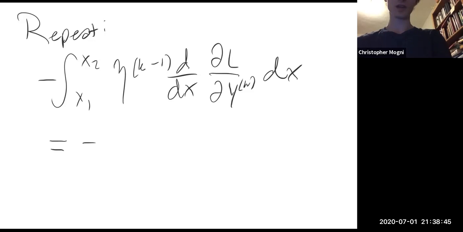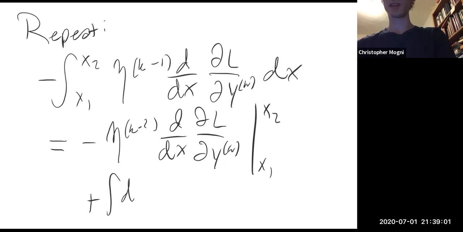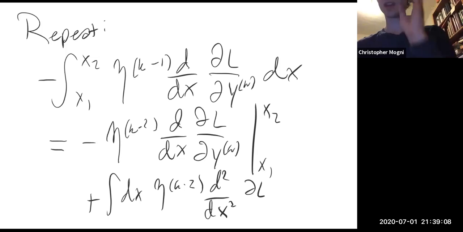So we're going to get eta^(k-2) times d/dx, because that's what shows up in the integrand, of partial L, partial y_k, from x1 to x2, plus the integral dx of eta^(k-2) times d squared dx squared of partial L, partial y_k.